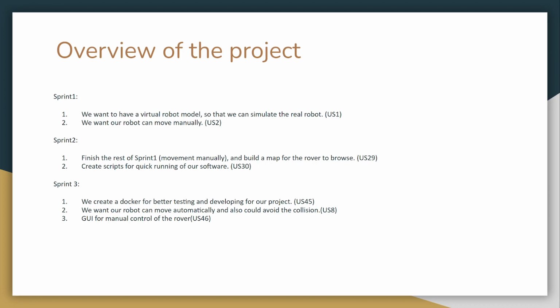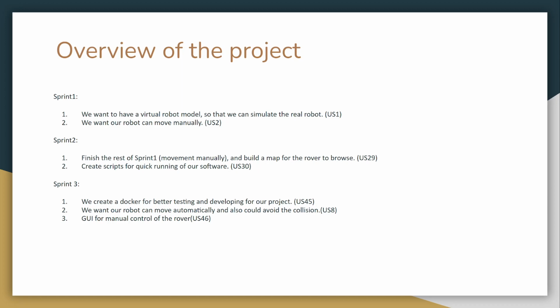But things did not go well in sprint one. So in sprint two, we first finished all the user stories from sprint one, and we built a map for the rover to browse, and we also created scripts for running our software.